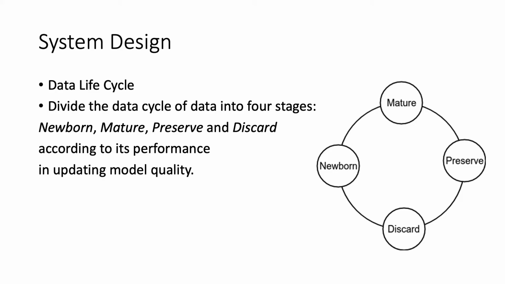Mature means the data contributes to the model updating and it works. Preserve stage represents that the data contributed a lot to the previous model updating and will be preserved for the next training loop. Discard stage is the stage where the data makes no contribution to model updating and will be discarded very soon.